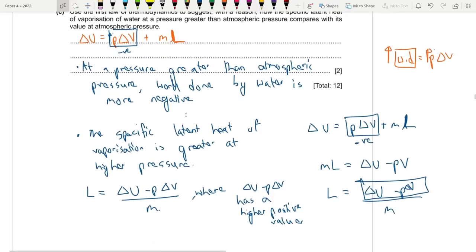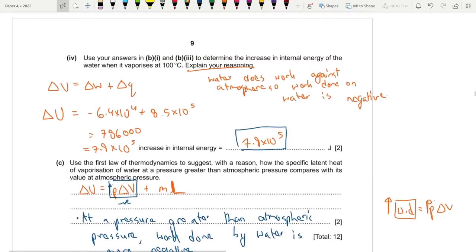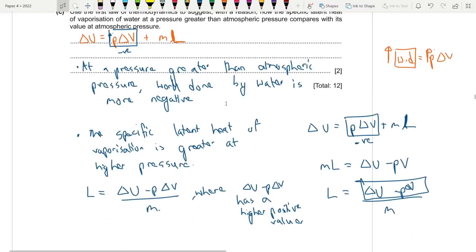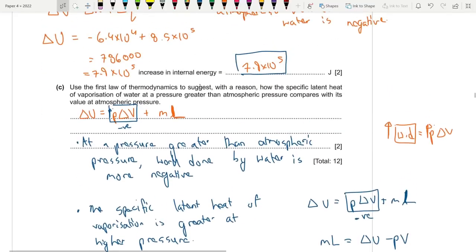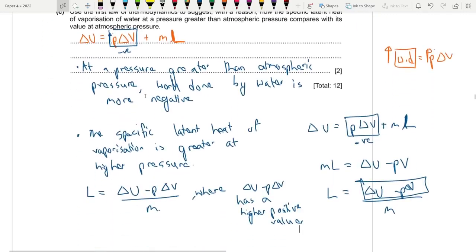So in fact, at higher pressure, more work needs to be done to achieve the same increase in internal energy. Do you guys understand? That's the issue. Okay, that's all.